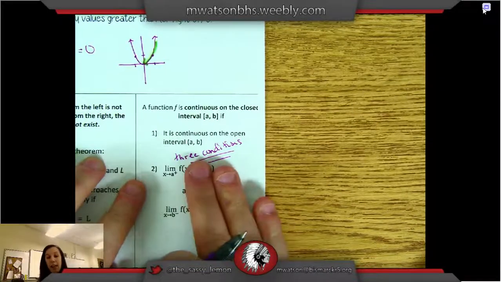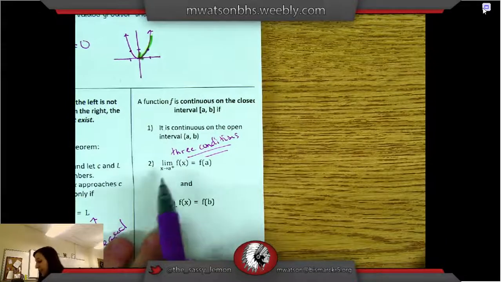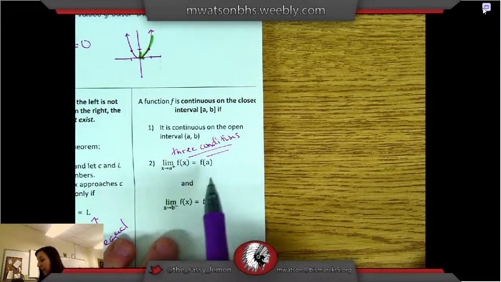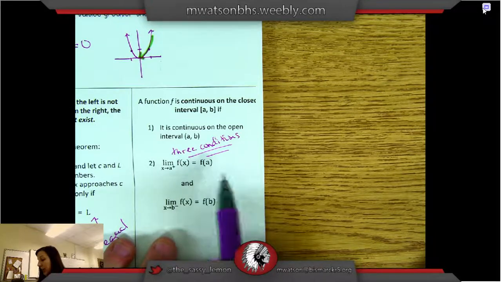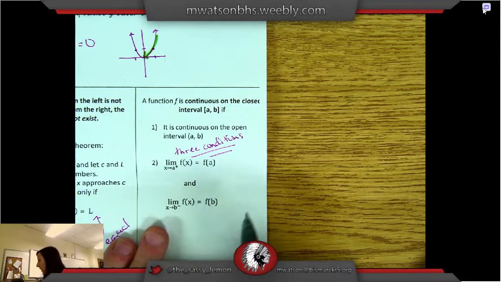If all 3 of those are true, then it's continuous on the open interval. But now we need to also look at the secondary condition, which says that the limit as you approach a from the right is equal to f of a, and the limit as you approach b from the left is equal to f of b.